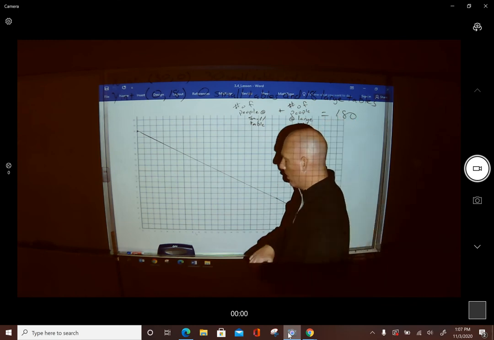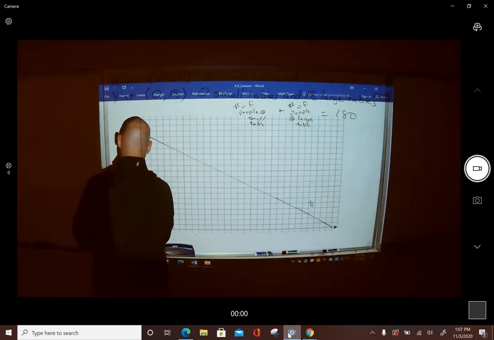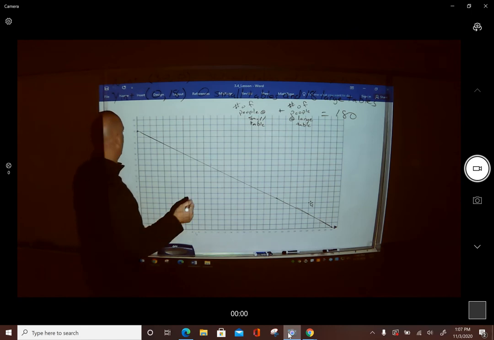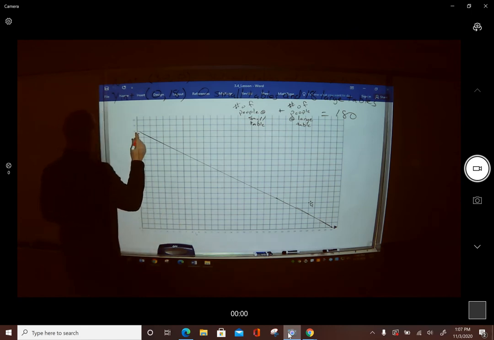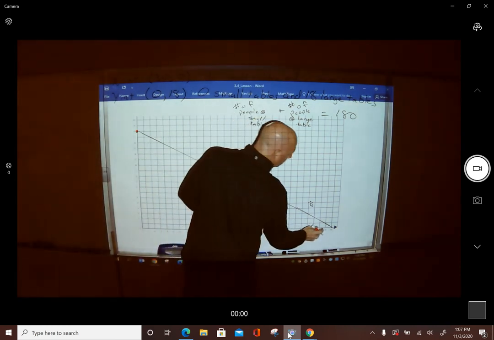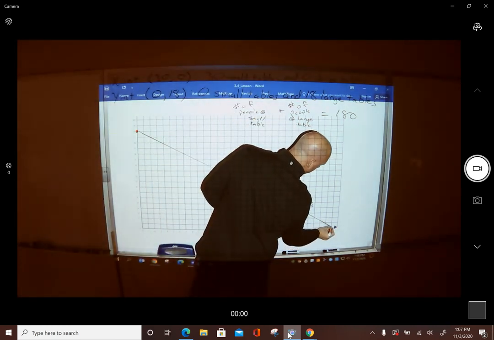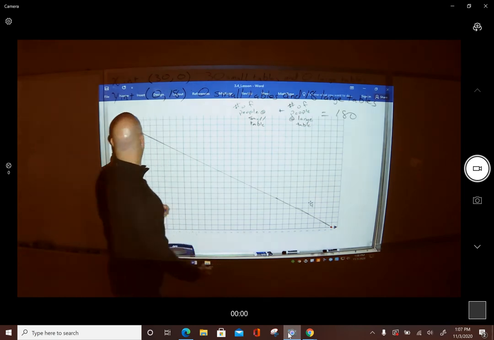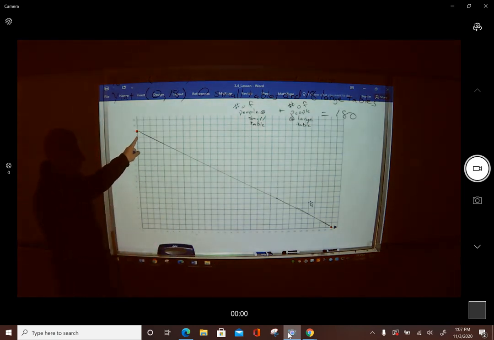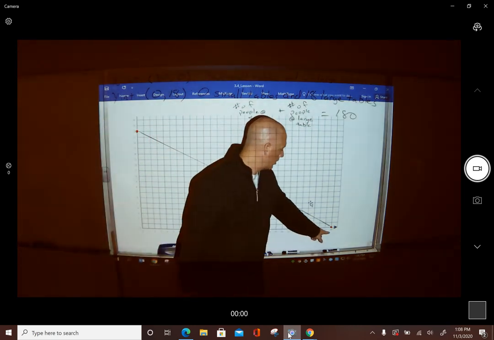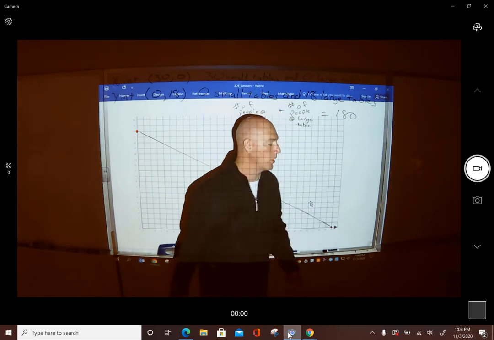But I need to remember, not every point is going to work. I can't have half a table. So these points work. I can have 18 large tables, 0 small. I can have 30 small tables, 0 large. Those numbers make sense.